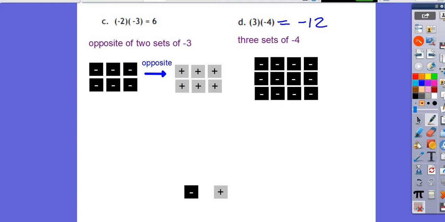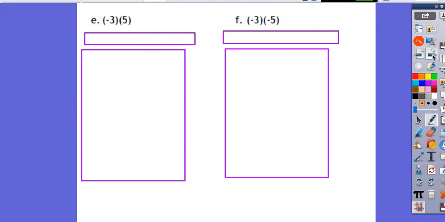Can I go to E? Yes. Okay, E. How do I write that in words? Opposite of 3 sets of 5. Opposite of 3 sets of 5. Very good. So first I must draw out 3 sets of 5.